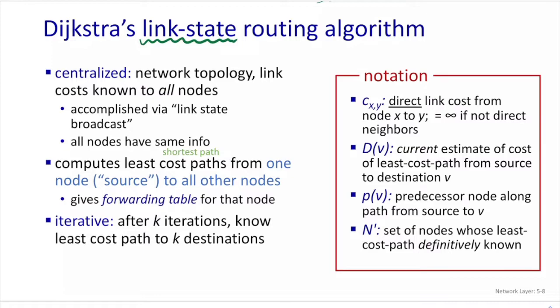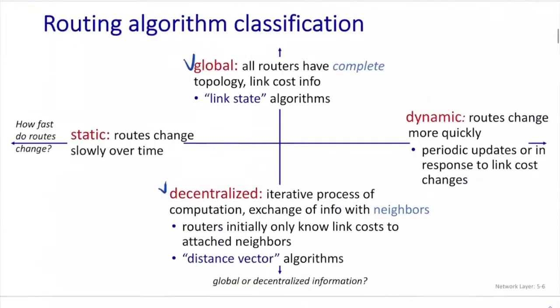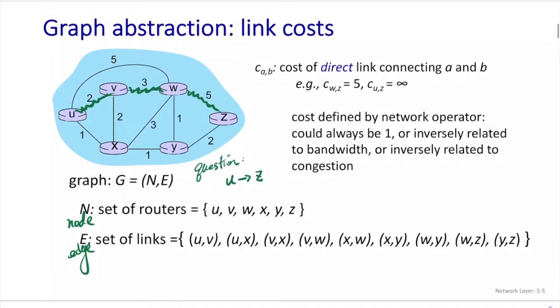That means when you run Dijkstra's link state routing algorithm, take this example: if you want to compute the path from U to Z, after you finish computing, you will get the good path from U to V, U to X, U to W, U to Y at the same time.